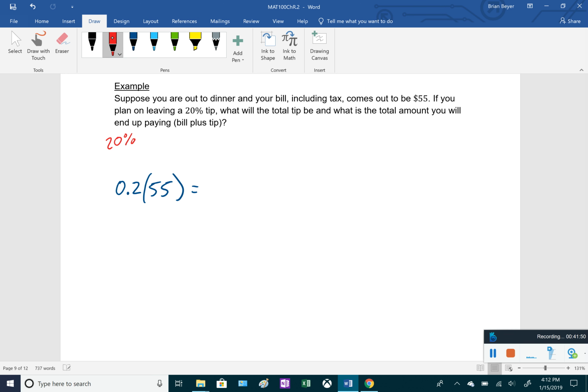This is 20% of 55. So once again, 20% as a decimal, move it over to the left 2 for the decimal point. It becomes 0.2. The of represents multiplication. So 0.2 times 55. That's going to give us 11. So that's the tip. The tip is going to be $11. So that's 20% of 55.